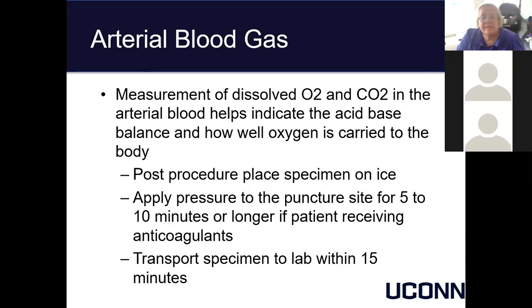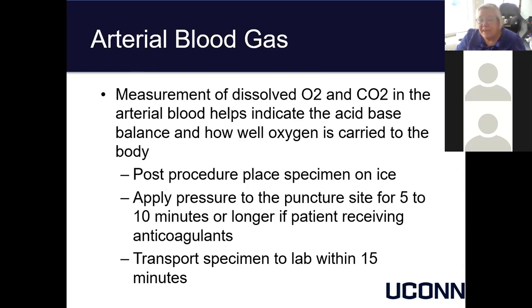The specimens, they're not going on ice anymore. In many cases, they're being tubed so quickly to the lab that they don't require ice anymore. But this is a sample that cannot sit around and wait. You draw an arterial blood gas, you get it down to the lab, whether somebody's running it down or your tube system is going to send it.